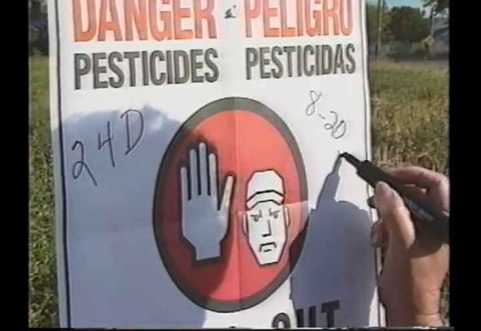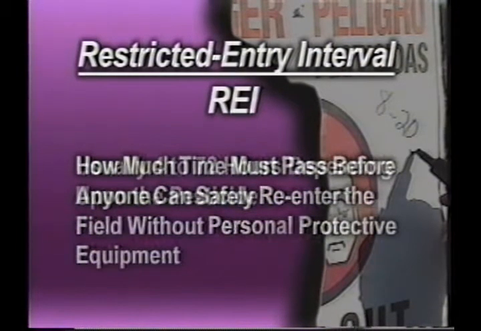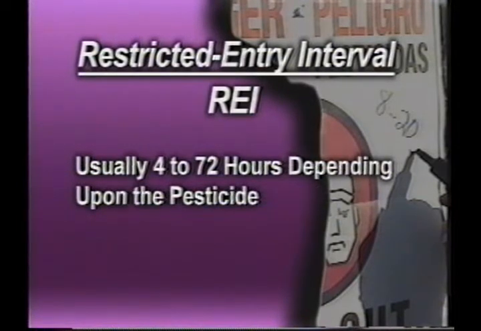The restricted entry interval, or REI, is how much time must pass before anyone can safely re-enter the field without personal protective equipment. The time is usually 4 to 72 hours, depending upon the pesticide. With this information, you can determine when you can enter the treated area.